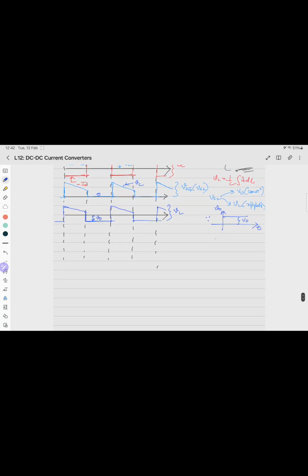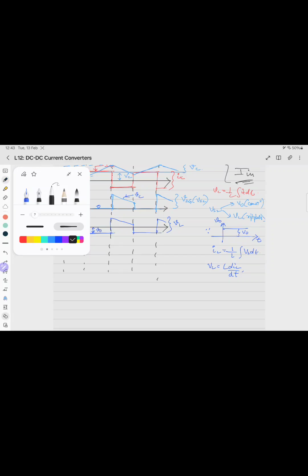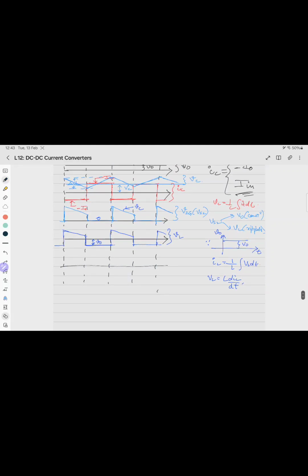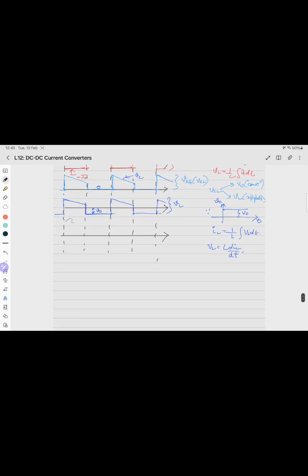Now, IL is 1 by L integral VL dt, because VL is L dIL by dt. So you can integrate it to draw the IL. If we integrate a linear term, it will be quadratic with a falling edge. So it will be like this.